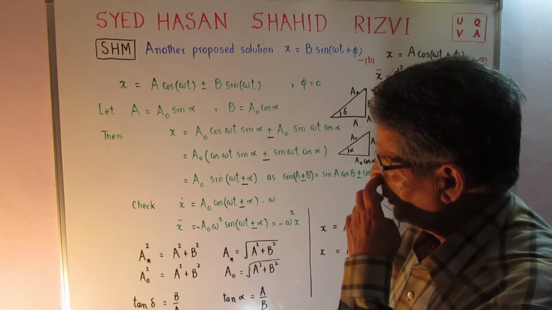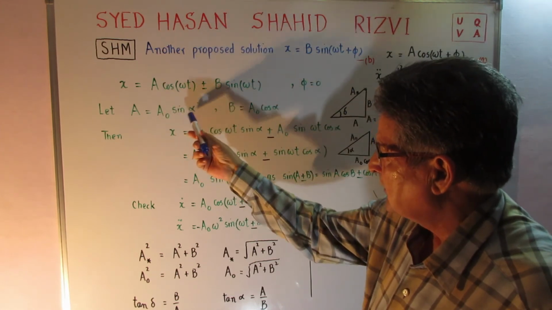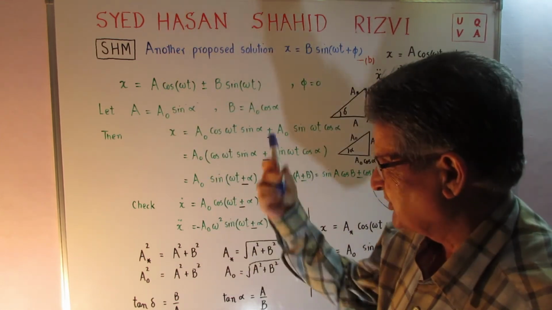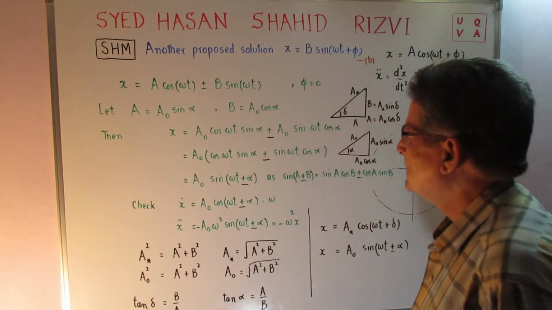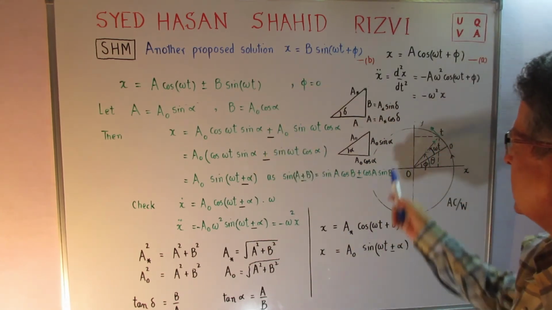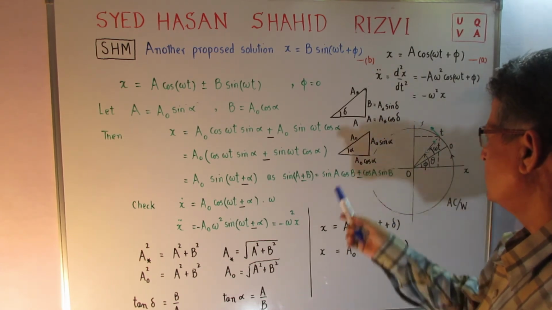Now what you are going to do here is let a be equal to a naught sine of alpha, where alpha is another constant, and b is equal to a naught cos of alpha, which can be shown over here.